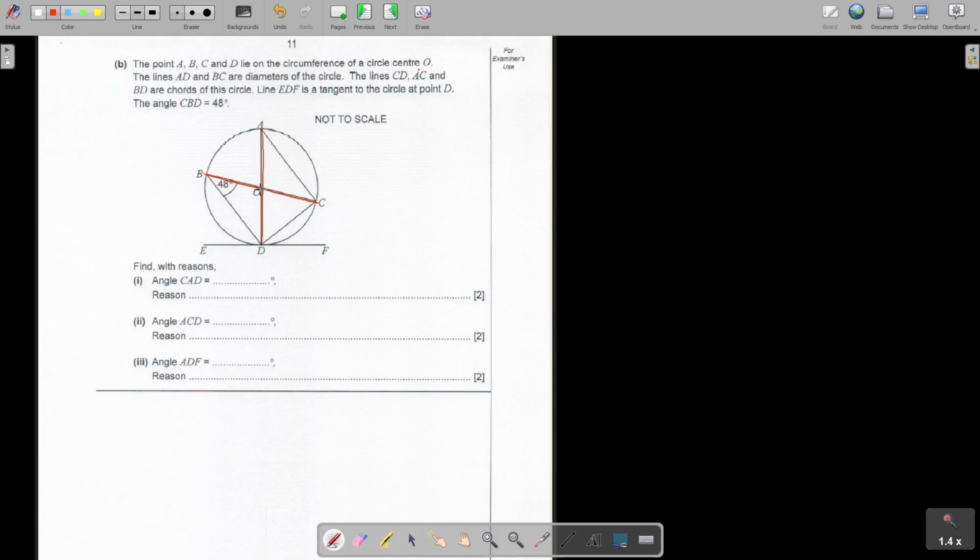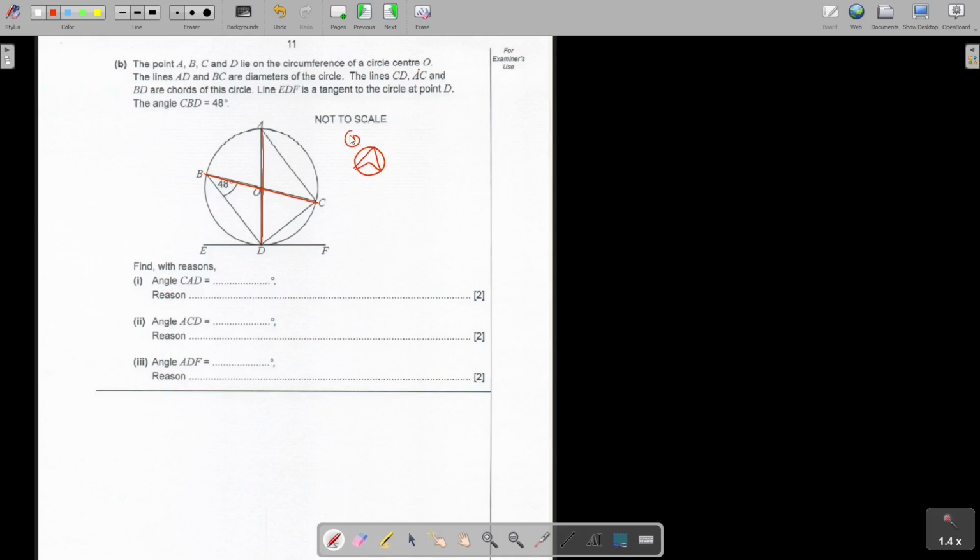Now, what I want you to emphasize is that if you already memorized the angles, you don't have to write it in that order. I will just run through it in that order. This is the way I want people to do it. Say to yourself, is there an angle to the center and an angle to the circumference?